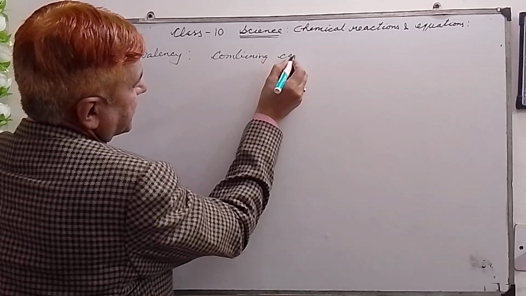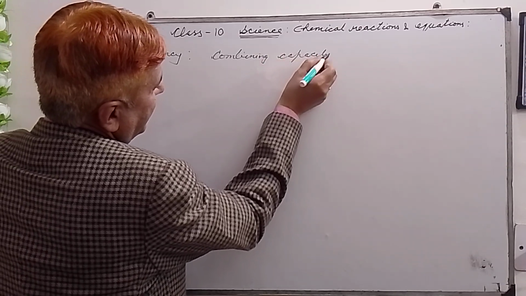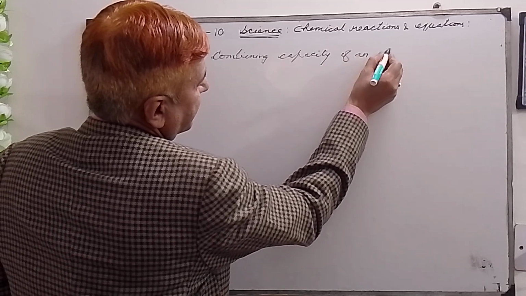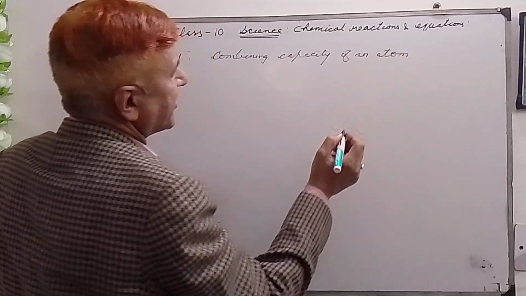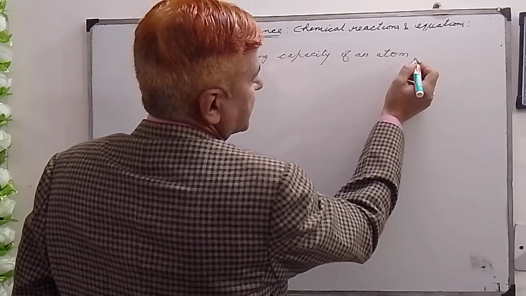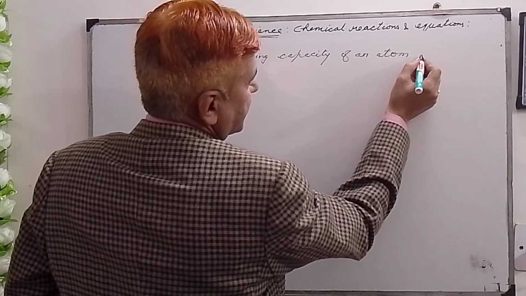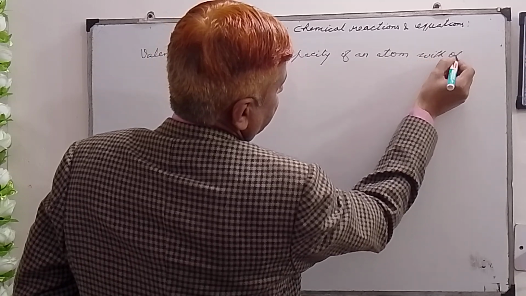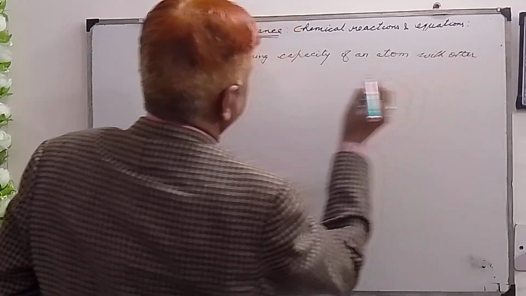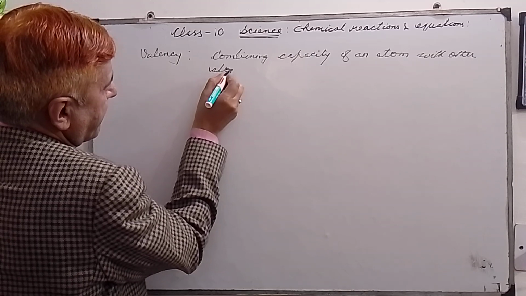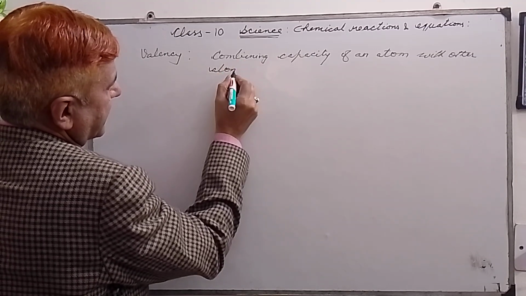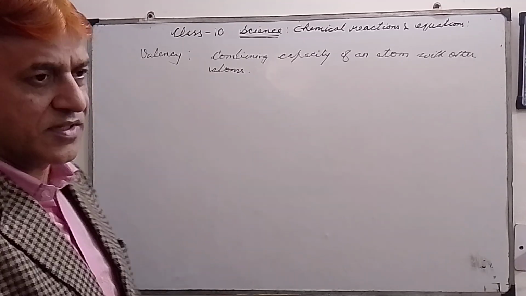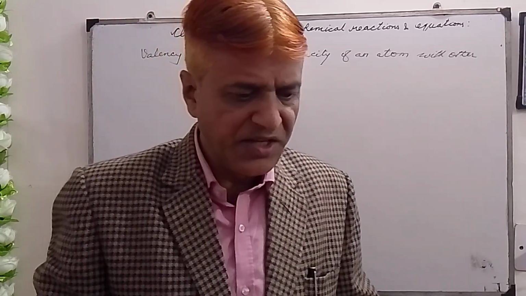Valency is the combining capacity of an atom with other atoms. This is the basic definition of valency.